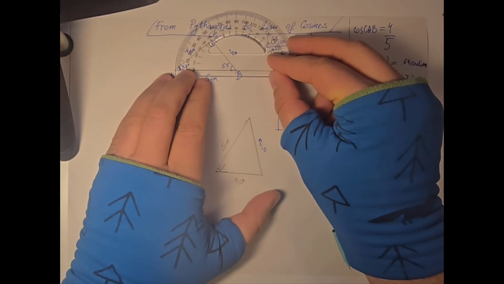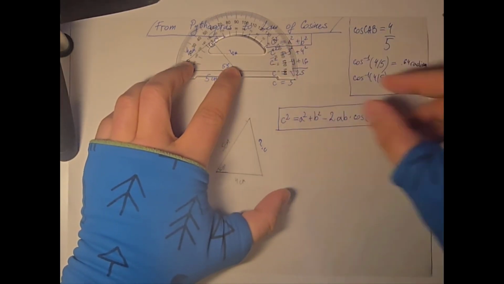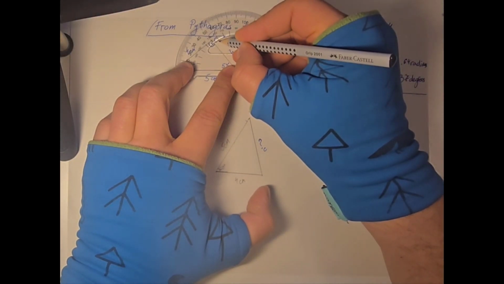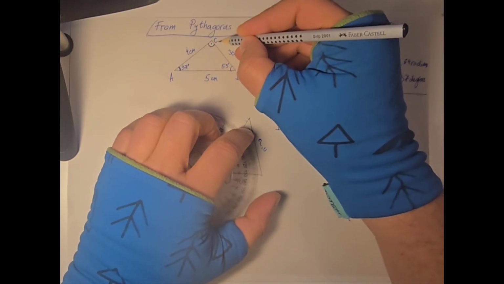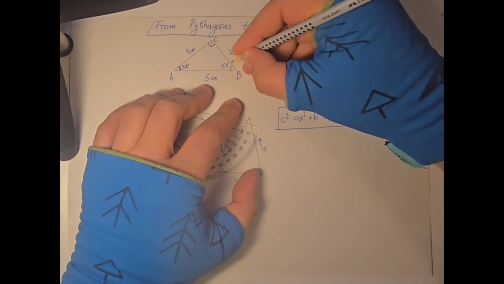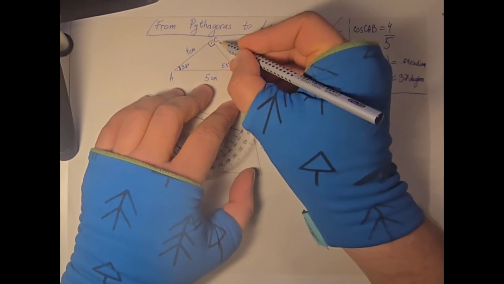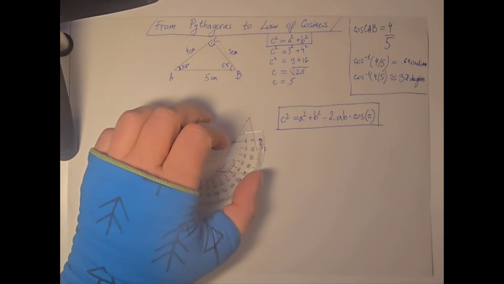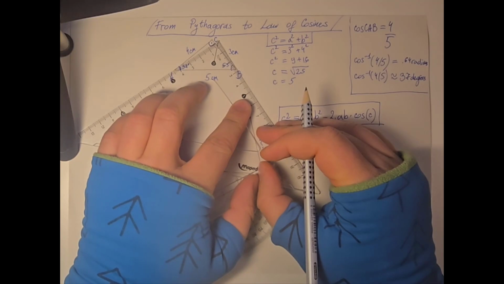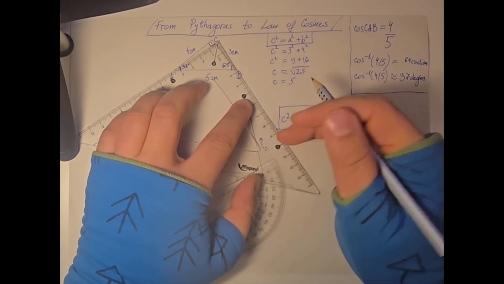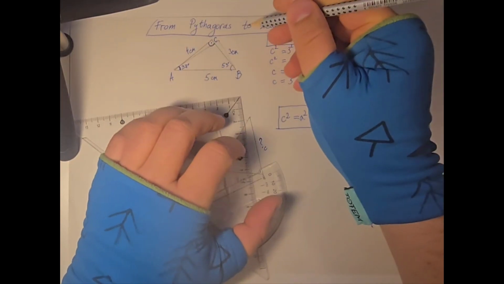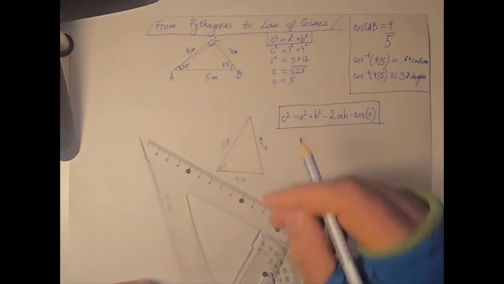It should be somewhere here, and then like this, and our 90-degree angle would have been towards there. Yeah, just as an imaginable thing.